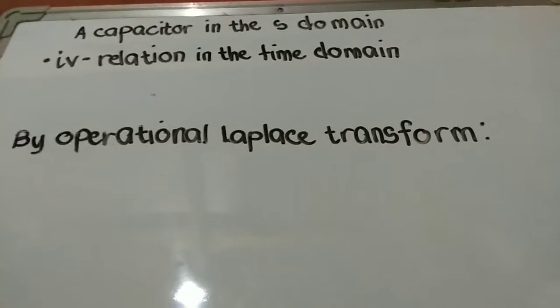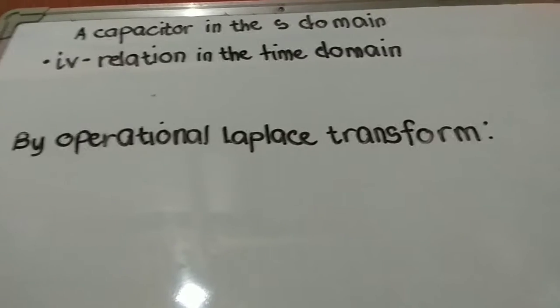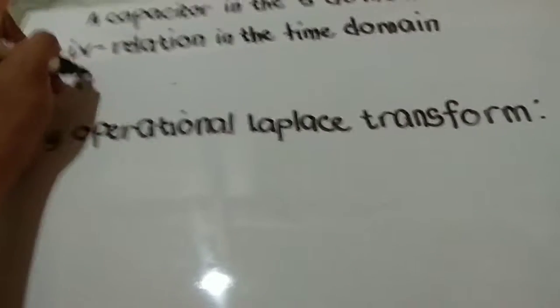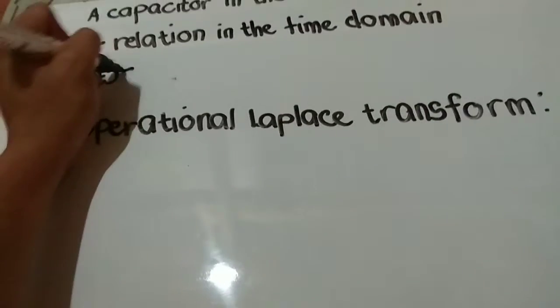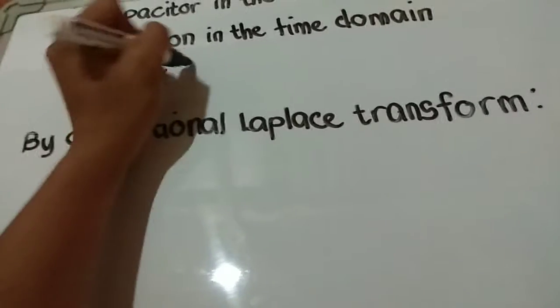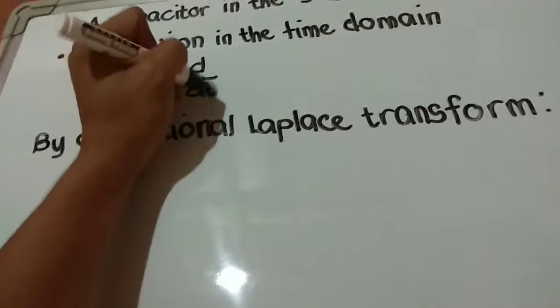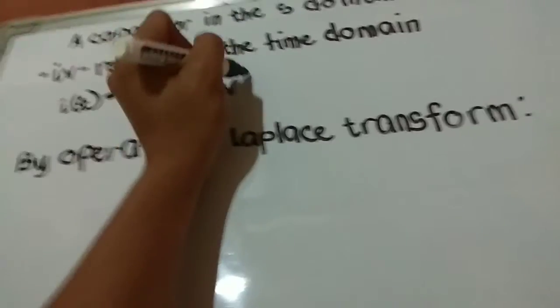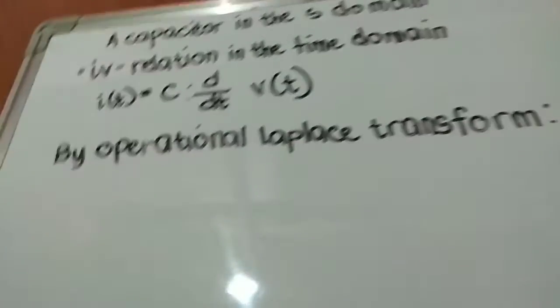A capacitor in the s domain. The current and voltage relation in the time domain is expressed as i(t) is equal to C times d/dt times v in terms of t.